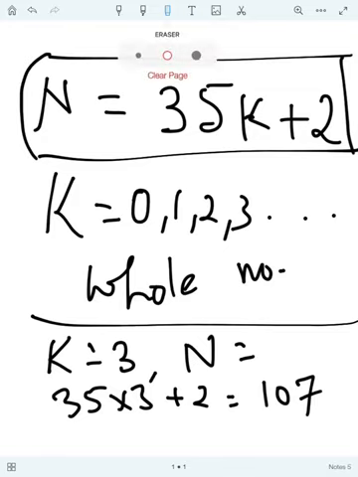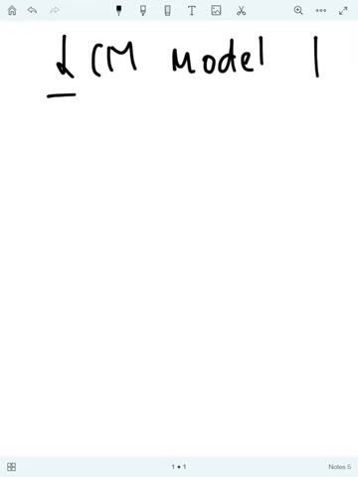So now you can note down the actual definition and equation of this model 1, LCM model 1, which is constant remainder.